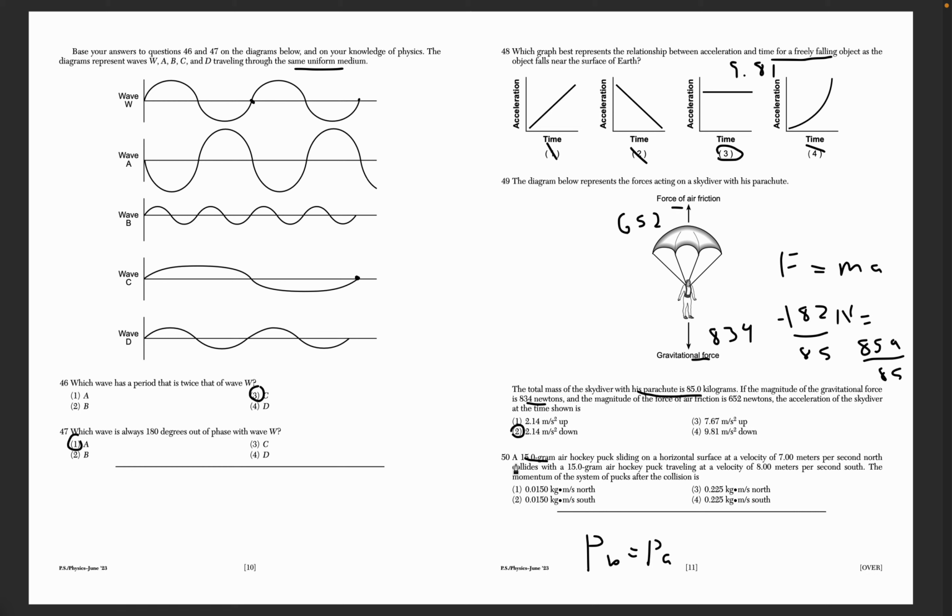0.015 times 7 is 0.105 kilogram meters per second, and 0.015 times negative 8 is negative 0.12, so 0.105 minus 0.12.